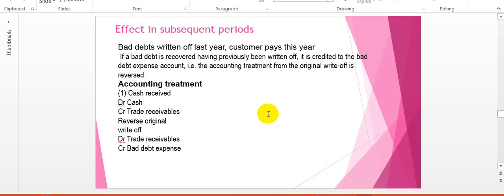Your accounting treatment will now be to debit cash since you have received the cash, and credit trade receivables. Since this amount had been written off from trade receivables, you are going to debit the trade receivables and credit the bad debt expense, which will increase your profit in the P&L account.